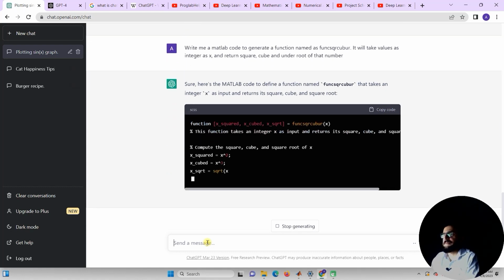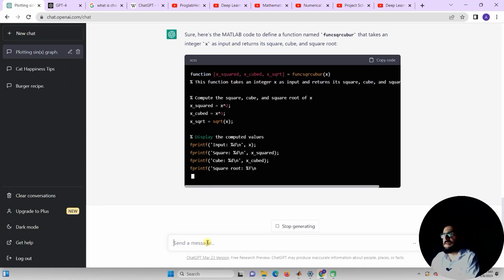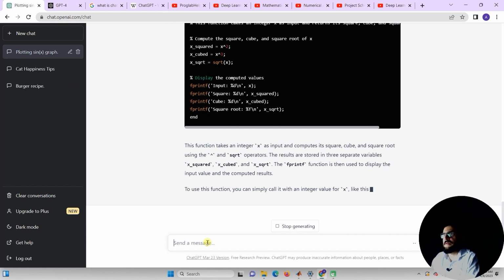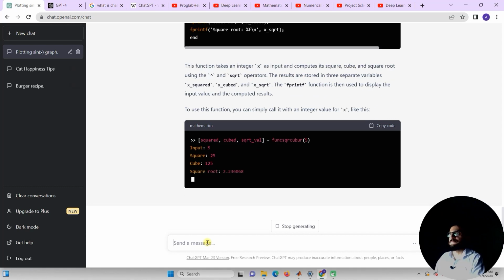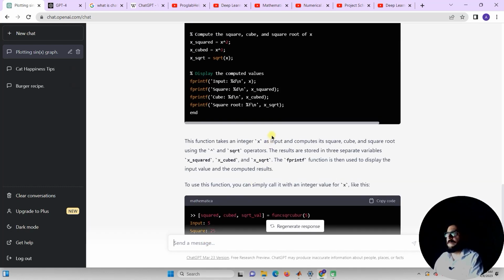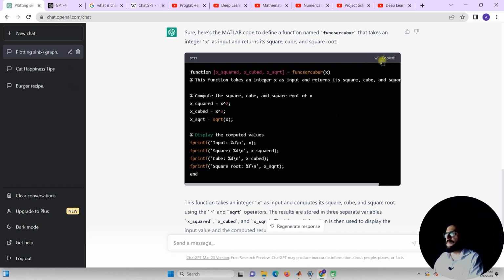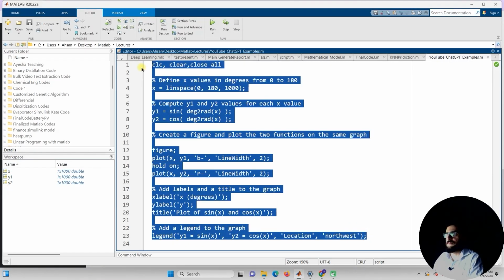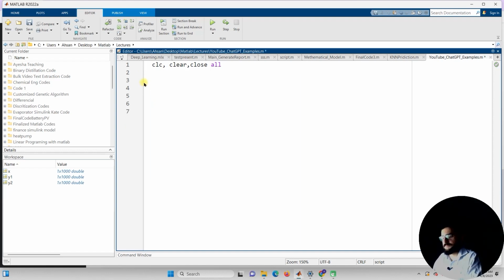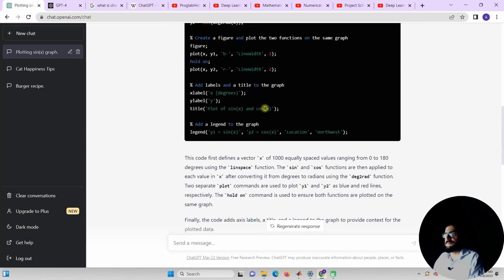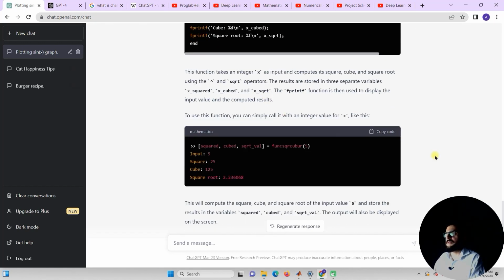Okay, nice. First let me copy this function into the MATLAB environment. Then this function.